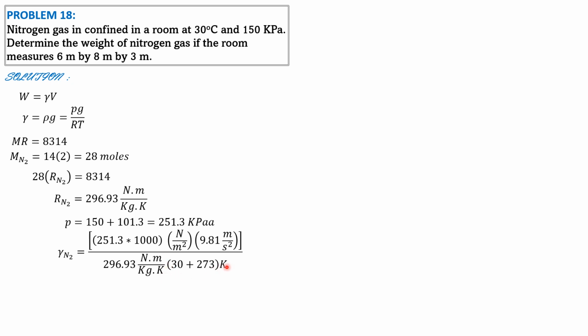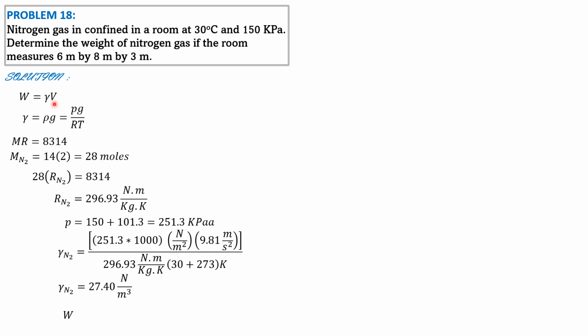So cancel Kelvins, cancel Newton, then this kilogram here becomes numerator. Kilogram times meter per second square is newtons. Then we have meter over square meter, so meter cube. Therefore, the specific weight is obviously in newtons per cubic meter. So the specific weight of nitrogen gas is 27.4 Newton per cubic meter.